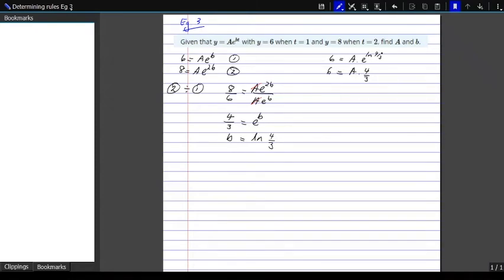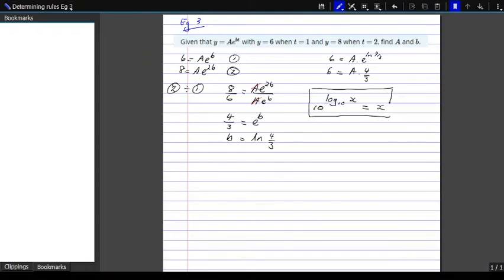For example, 10 to the power of log base 10 of x, because our base here and this is the same, will equal x. And that's what we've got here. We've got e and log base e of 4/3, which means this whole thing is equal to 4/3.